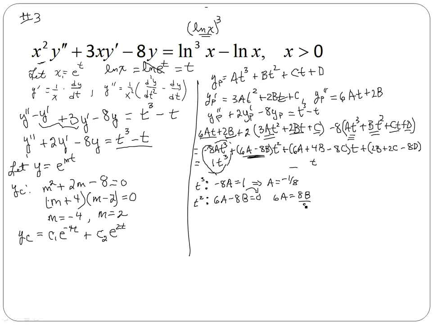And let me divide by 8 so that I get b is equal to, and when I reduce this I get 3/4 of a, where a is negative 1/8. So I get 3/4 times negative 1/8 gives me negative 3/32. That's b.